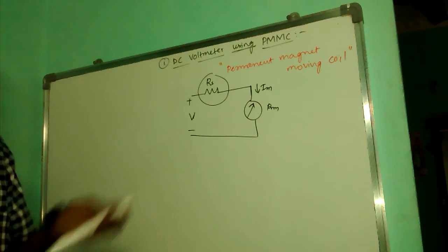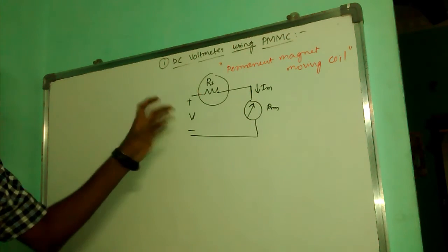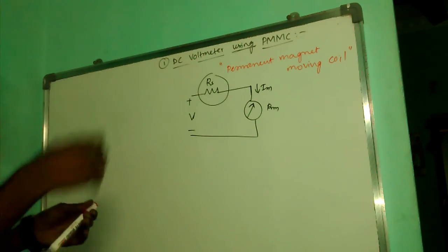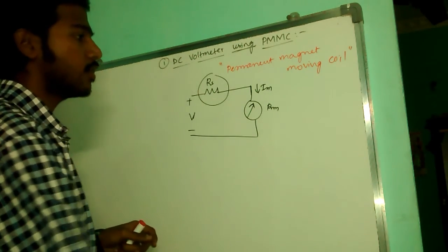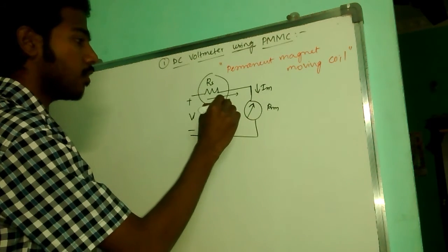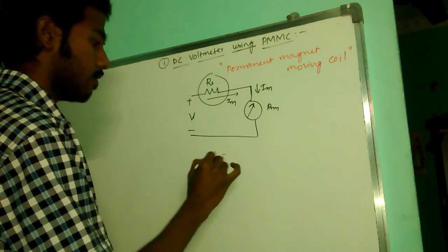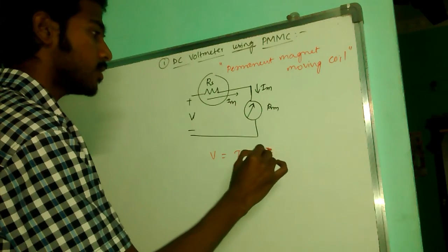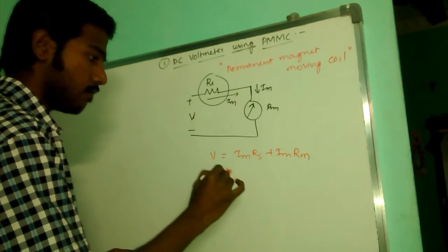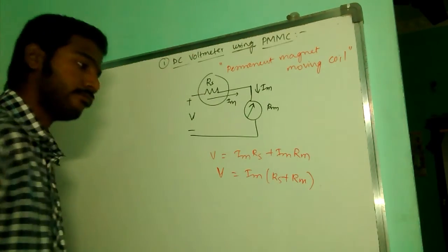They will ask us to find the multiplier resistance to measure this voltage, given Im and Rm. As all are in series, if Im is the current flowing in this PMMC meter, the same current flows through Rs also. Now write a KVL: V equals Im Rs plus Im Rm, so V equals Im into Rs plus Rm.